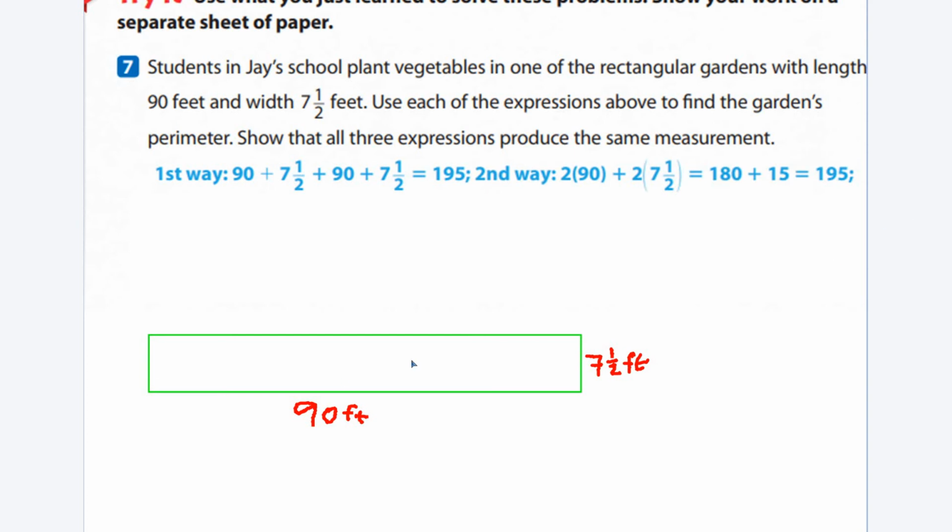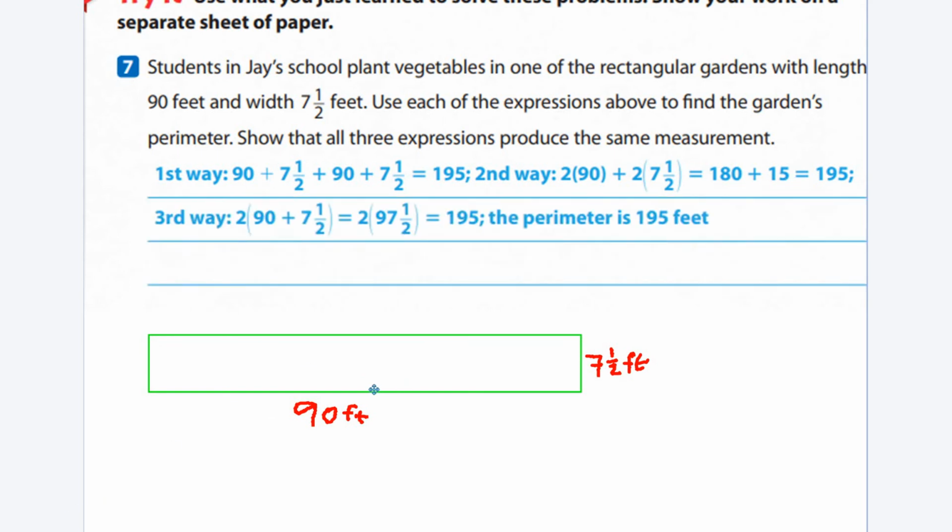Second way, it's 2 times 90, because there's 2 of them, plus the 7.5 times 2, or 2 times 7.5, as you can see. When you do the math, 2 times 90 is 180, 7.5 times 2 is 15, 180 plus 15 is 195.